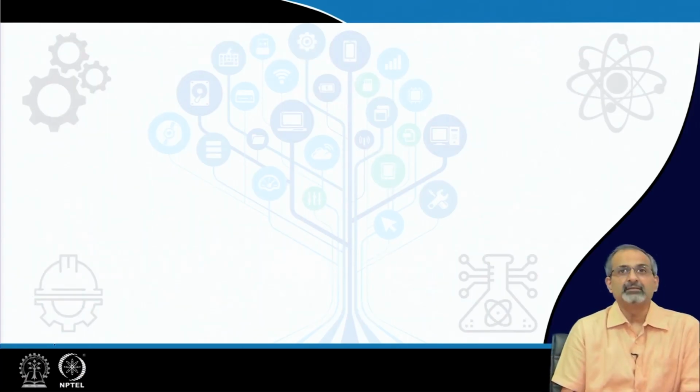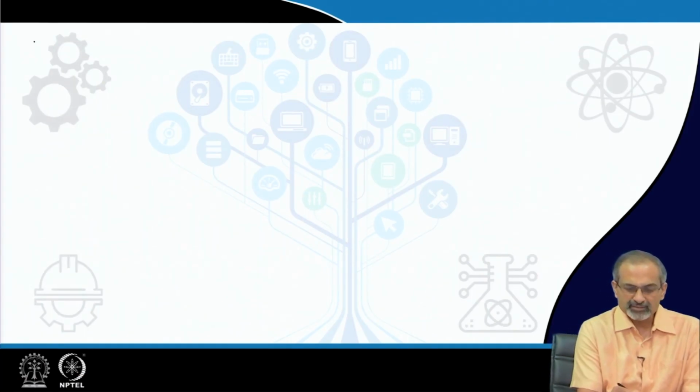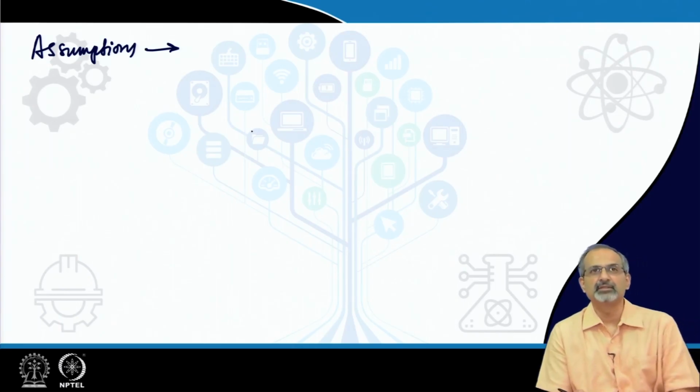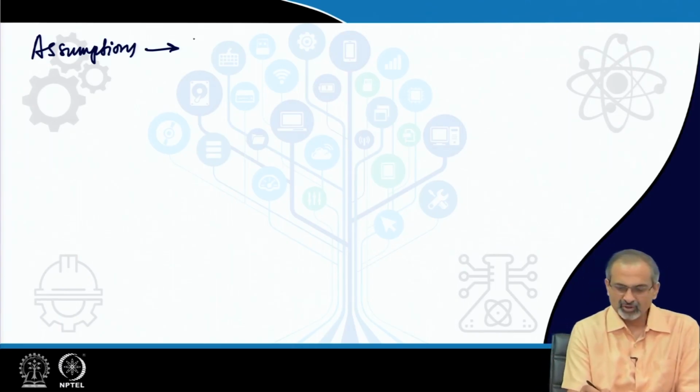Now, you may be interested to recall what are the assumptions that we made. The assumptions that we made do not restrict the application of this equation much. It is not at all restrictive.